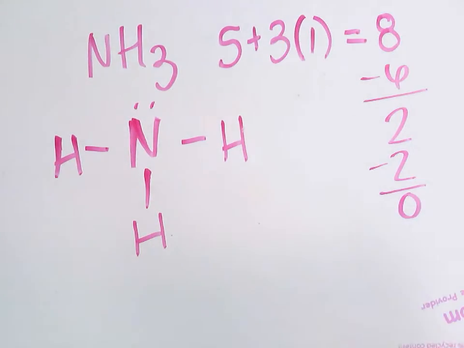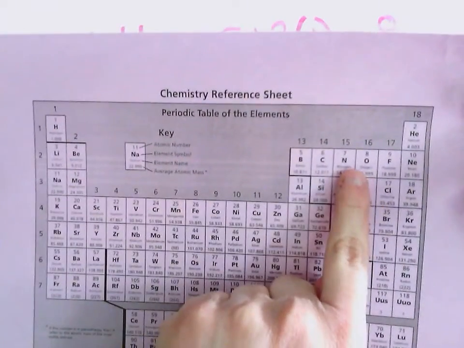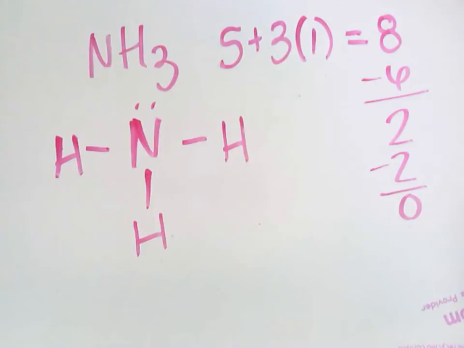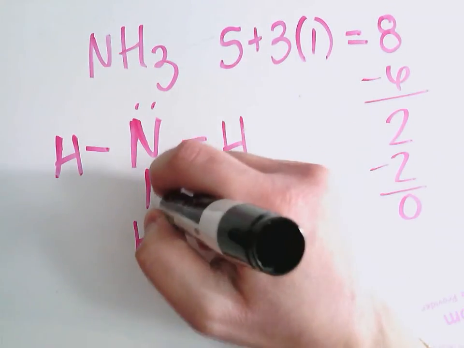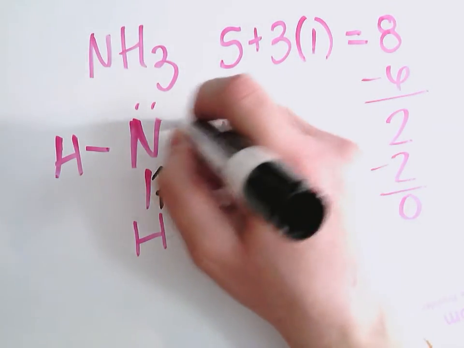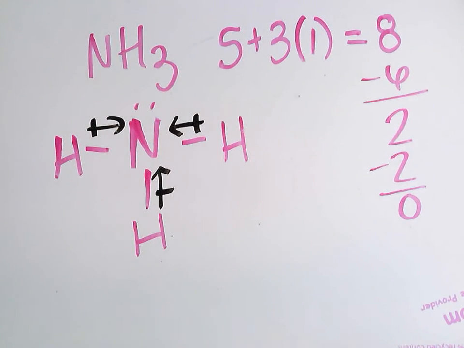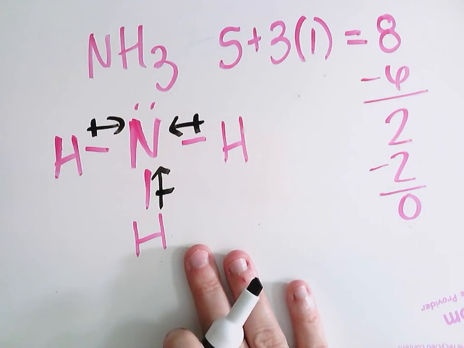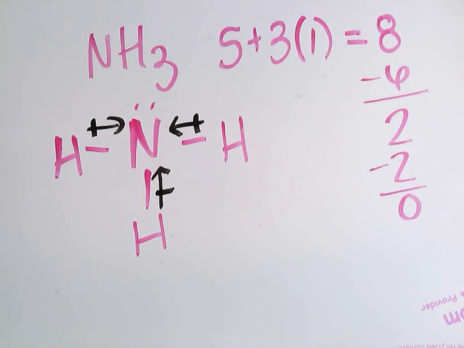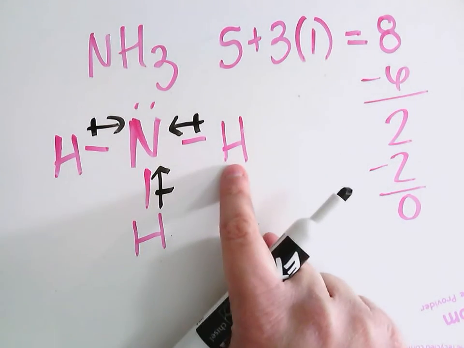So let's talk about bond polarity. Between hydrogen and nitrogen, nitrogen is closer to fluorine. So those electrons are going to stay with nitrogen more. So finished drawing my bond polarity arrows. Let's talk about our shape. So I have 3 things bonded to it.